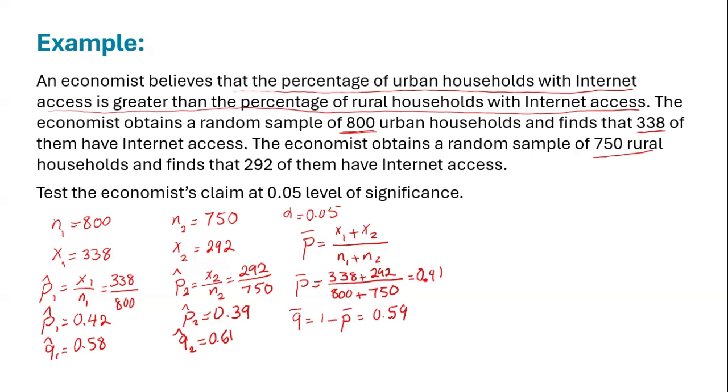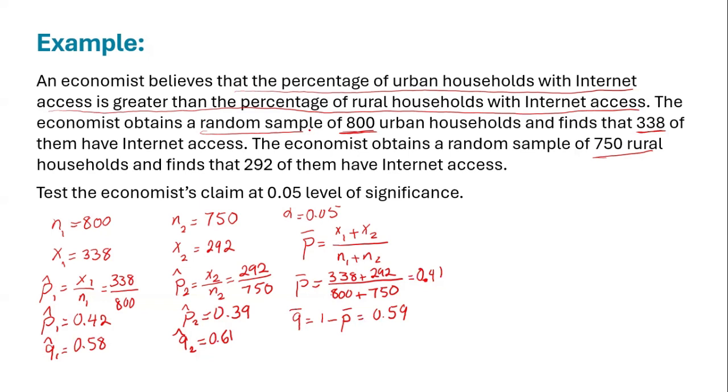Okay, now after finding all this information, I am going to start the hypothesis test by checking the requirement. The requirement tells me that the samples must be random. Yes, they are, because it's mentioned here. Samples must be independent. Again, they are, because they are from 2 different areas, urban households and rural households.